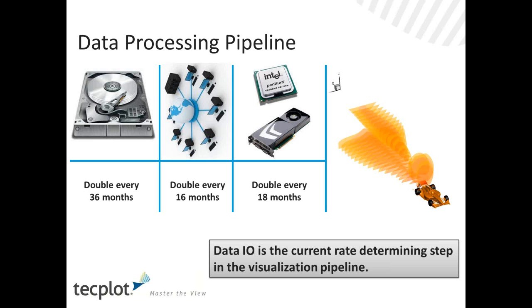What we're looking at in this pipeline is how one gets from that data to a meaningful engineering answer and a decision. And as you look at this, remember that the rate at which you can read data off the disk is doubling every 36 months. But the size of the data you're trying to read is going with Moore's law, so it's doubling every 18 months.